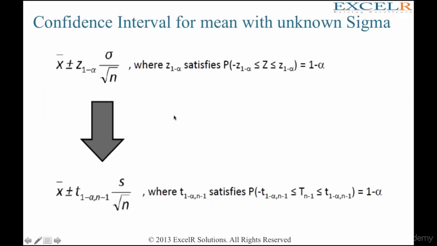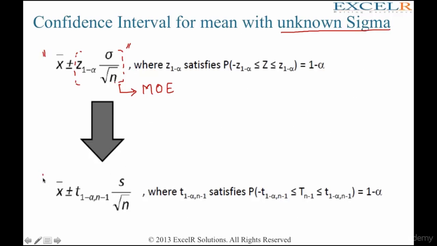Now, this is a key thing here, right? If sigma is known, you employ this formula, wherein this part is called as margin of error. All right. Now, if sigma is unknown, then you need to go with t-distribution, which is also called as student's t-distribution.